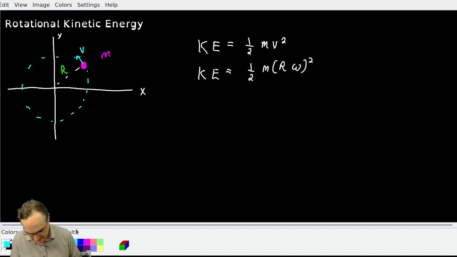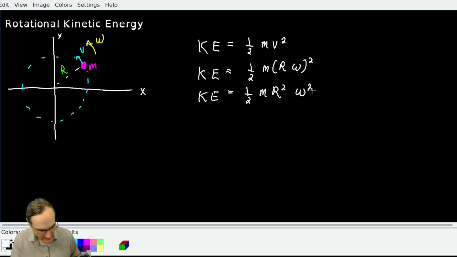So if this has some net angular speed omega, then we can rewrite it like this. And that means the kinetic energy will look like 1/2 mr squared omega squared. And I will call your attention to this part right here.